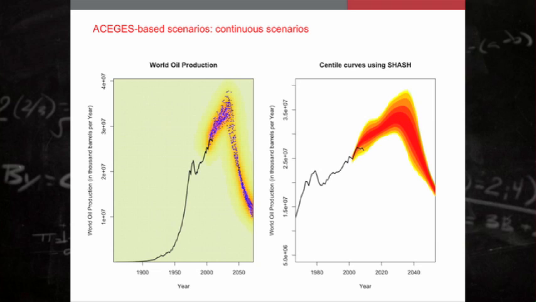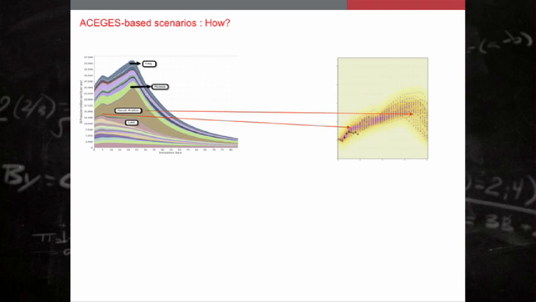That's very important for risk investment decisions. So the darker the color, the most likely the outcome. The lighter the color, the less likely the outcome. And the way we do that is by running a lot of simulations. Here you see one particular simulation. Every color represents a country. And for every simulation, we have one data point.